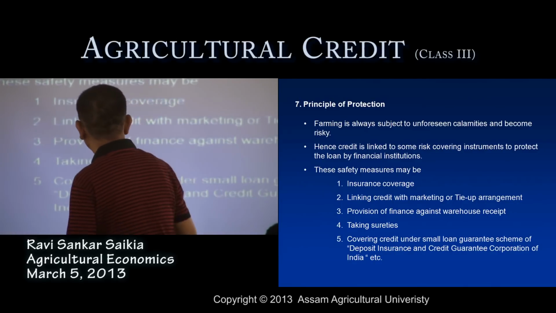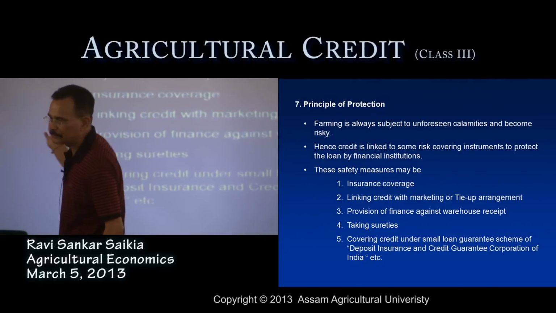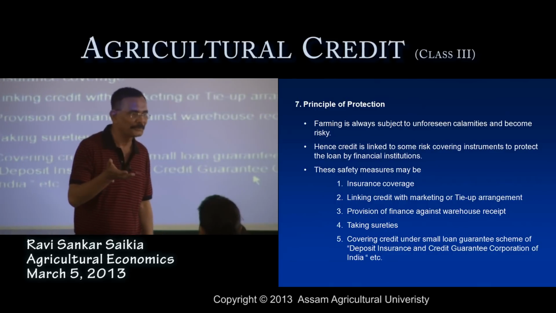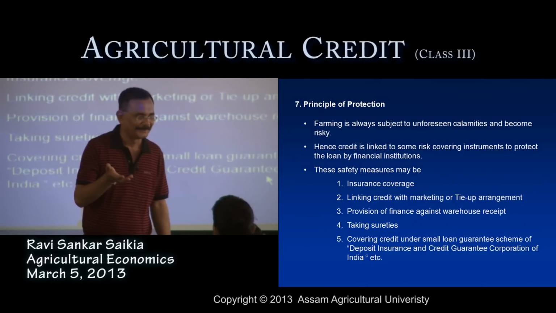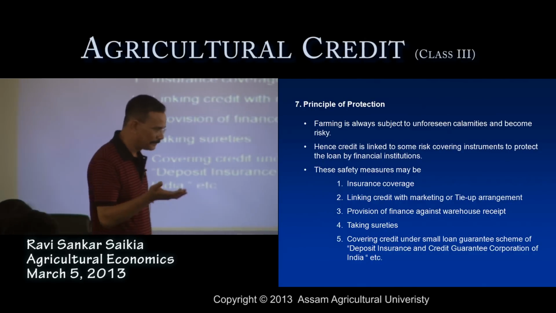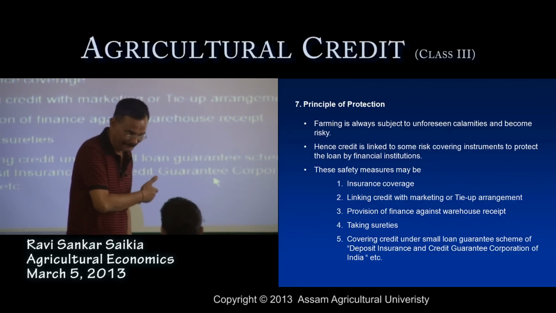Then, provision of finance against the warehouse receipt. Again, I have also discussed this. Do you know the warehouse receipt? Yes, again the regulated market has storage facility in the form of a warehouse.